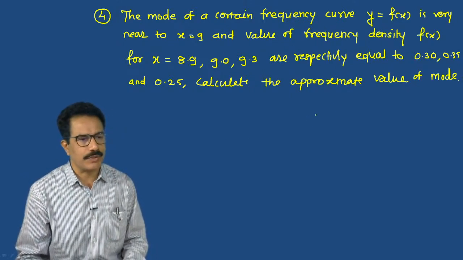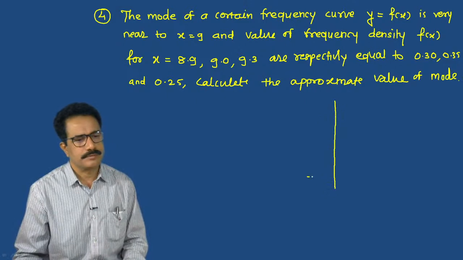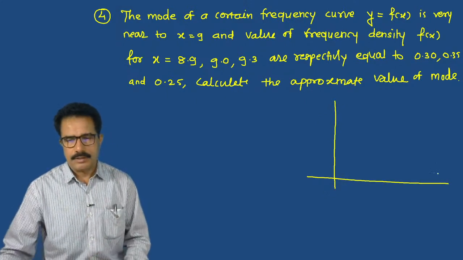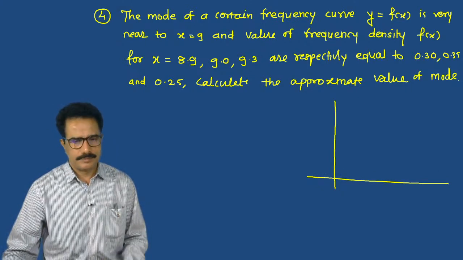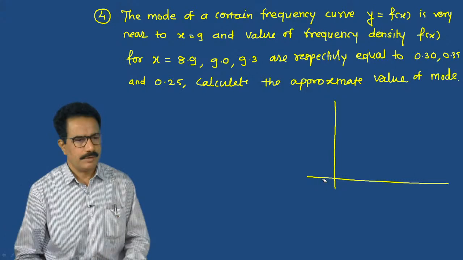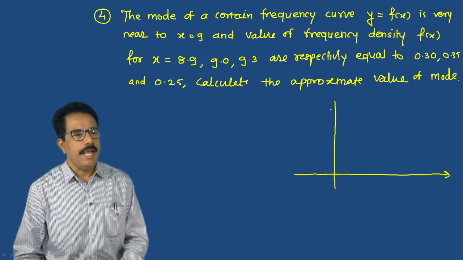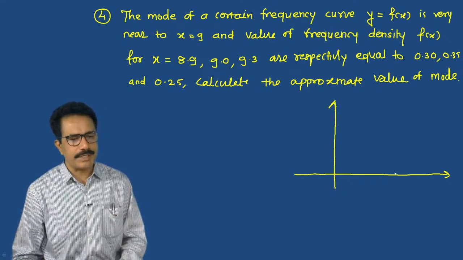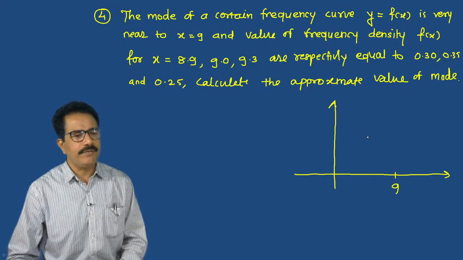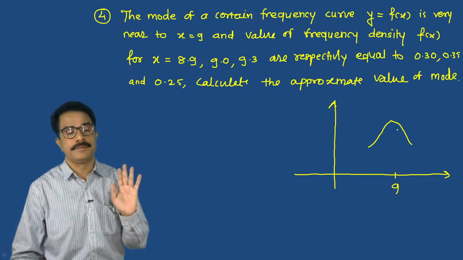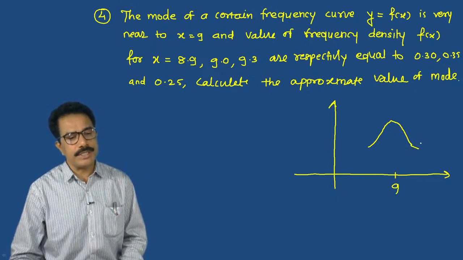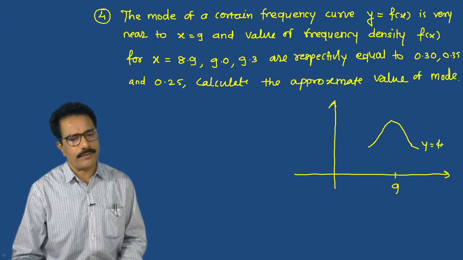See, what does this mode mean? Actually, we are given one frequency curve. Suppose here is 9. Then the frequency curve has its mode at a point which is nearer to 9. Y is equal to f of x.